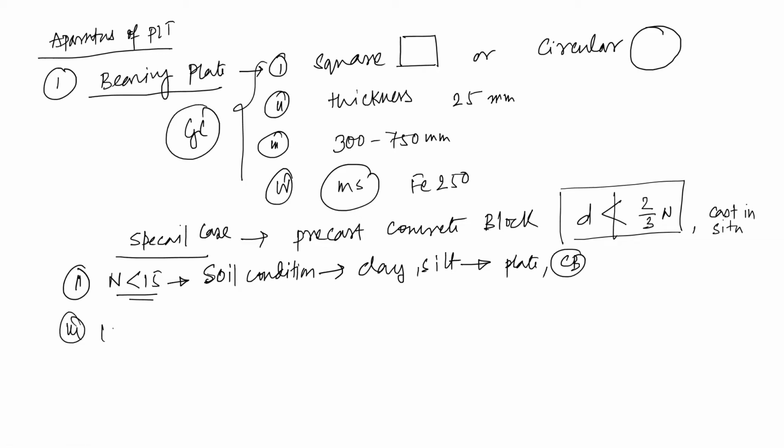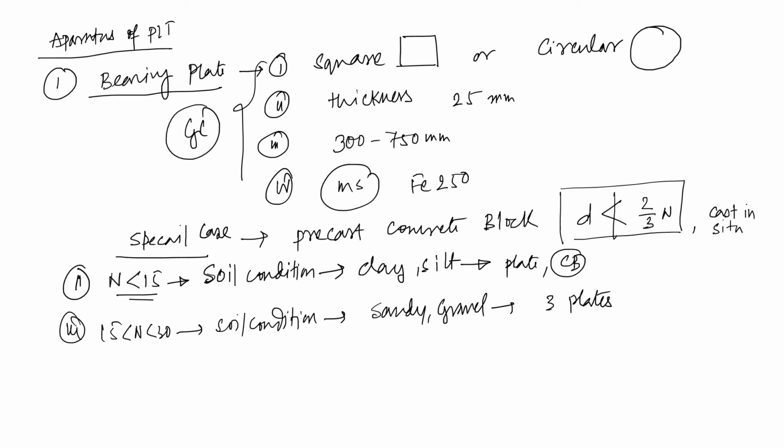If 15 is less than N less than 30 and the soil condition is sandy soil or gravel soil, then you should use 3 plates and the size should be 300 mm to 750 mm.